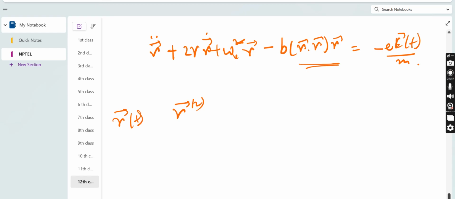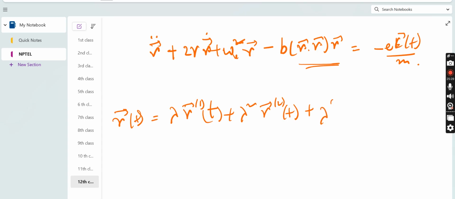Our R(t) is lambda R1(t) plus lambda square R2(t) plus lambda cube R3(t).